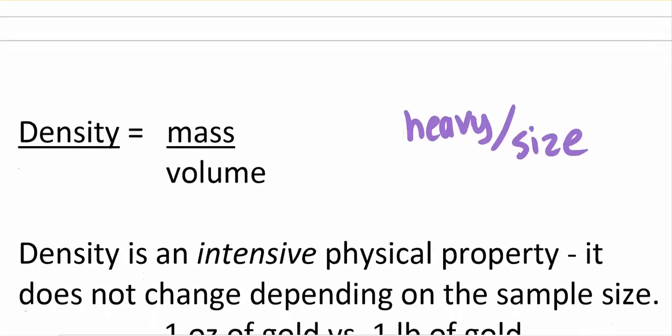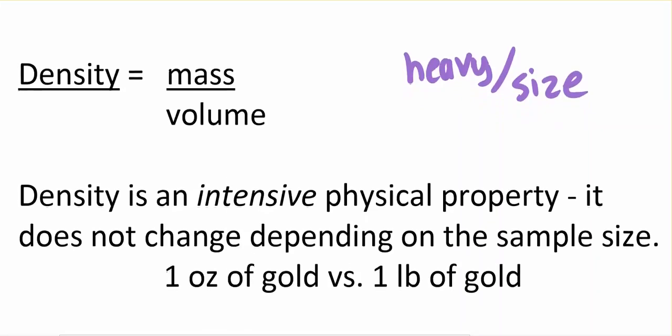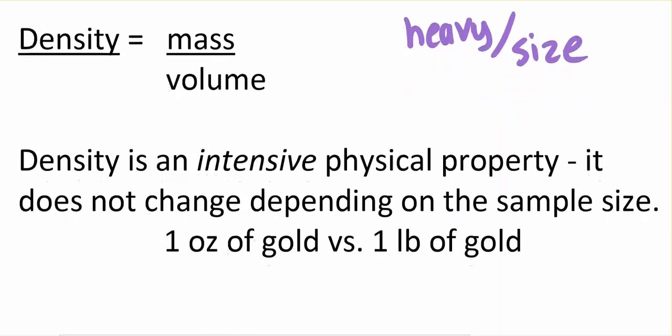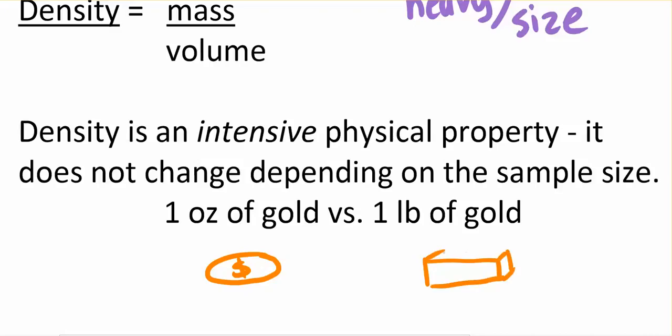An important thing about density is that it's an intensive physical property. That means density does not change depending on how much your sample is. In other words, if you had an ounce of gold, that would be like a small gold coin of some sort, versus a pound of gold, that would be maybe a small bar of gold, larger for sure. Which one is more dense?